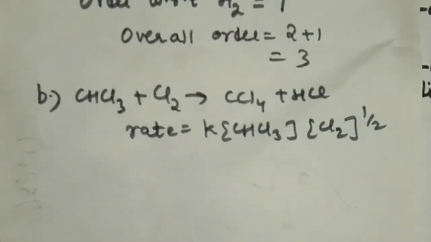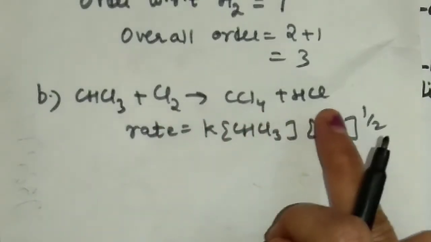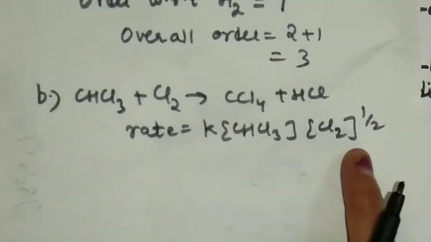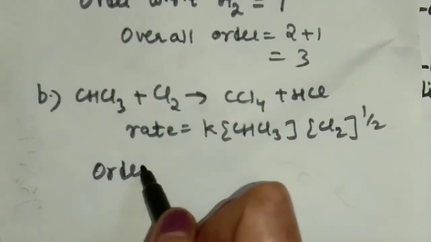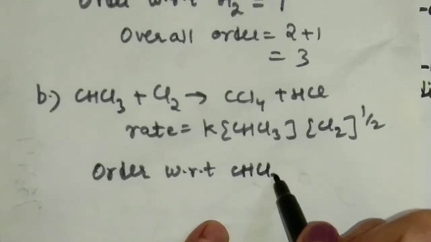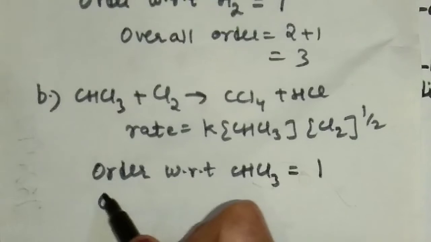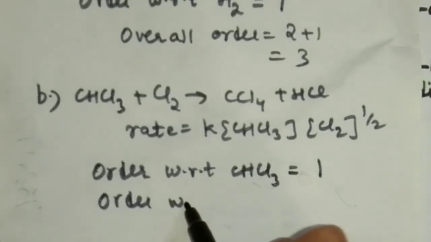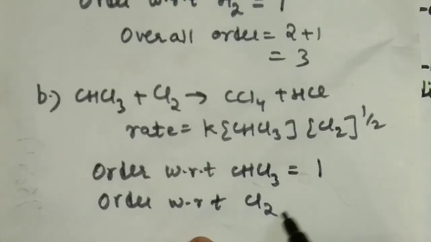Okay, now the reaction is given between chloroform and chlorine to give you carbon tetrachloride and HCl and the rate law is also provided. तो आंसर कैसे आएगा हमारा? Order with respect to first reactant, that is chloroform, is what? 1 because it is raised to 1. Then order with respect to second reactant कौन है?